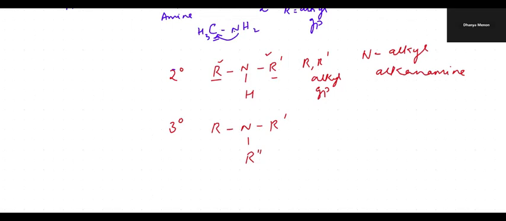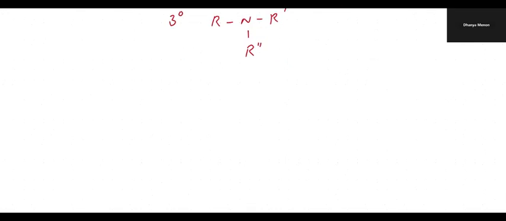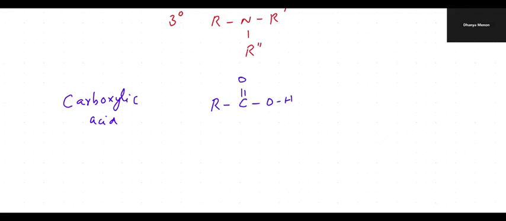Now, coming to another important group, which is called carboxylic acid. It is written like this, RCOOH. And when carboxylic acid is there, we use the suffix oic acid.